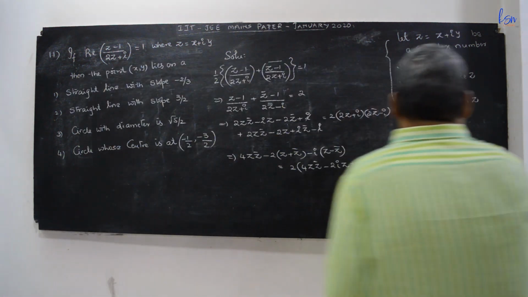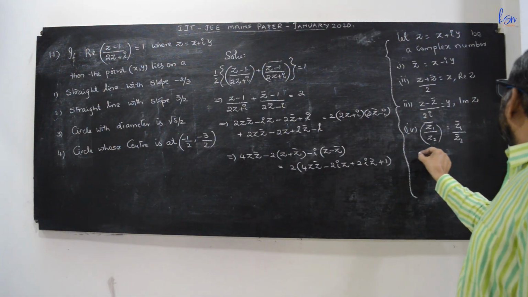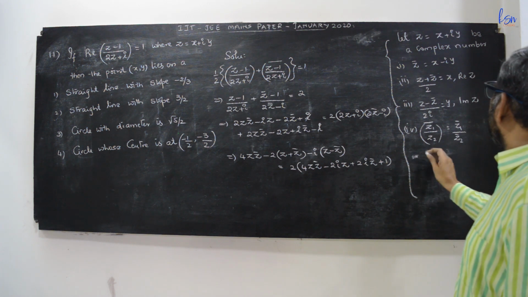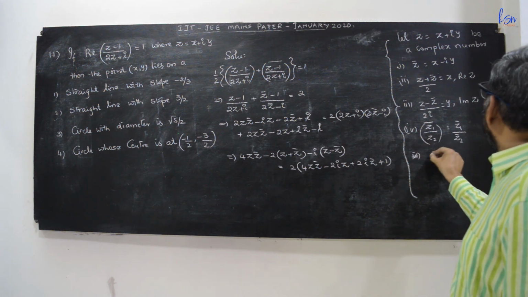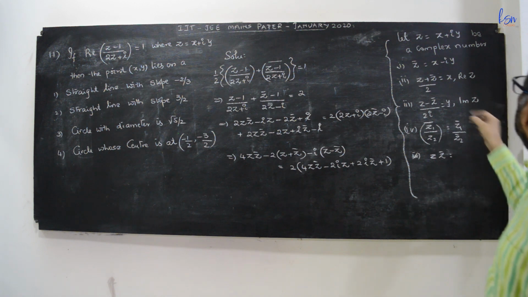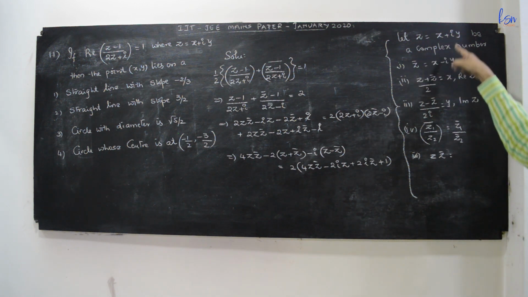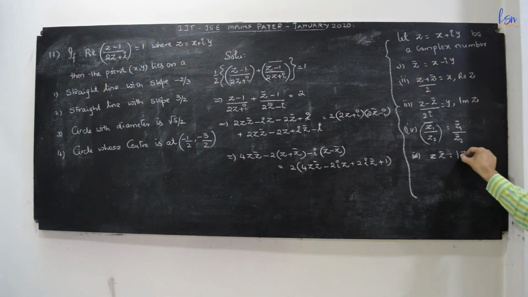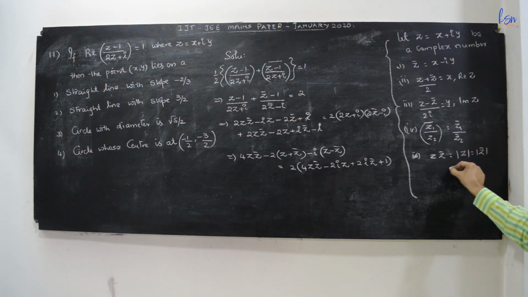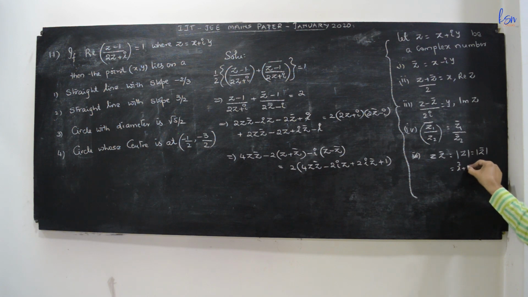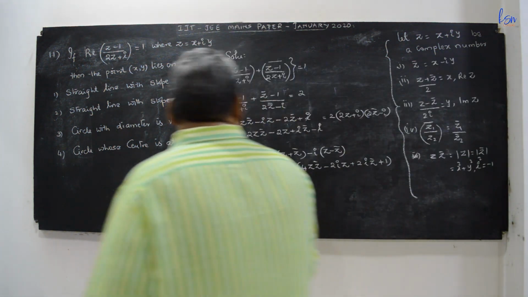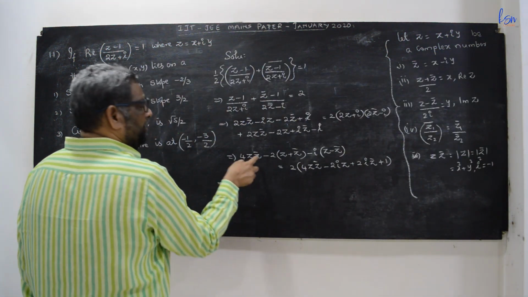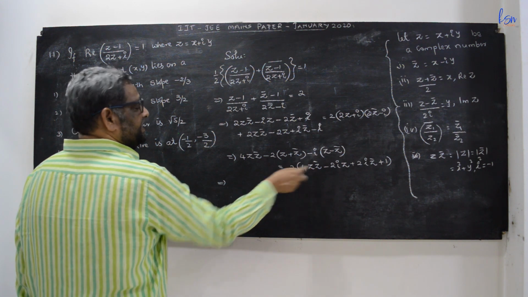Here z z̄ = |z|² = x² + y², with i² = −1. So this is 4z z̄, and this is 8z z̄.